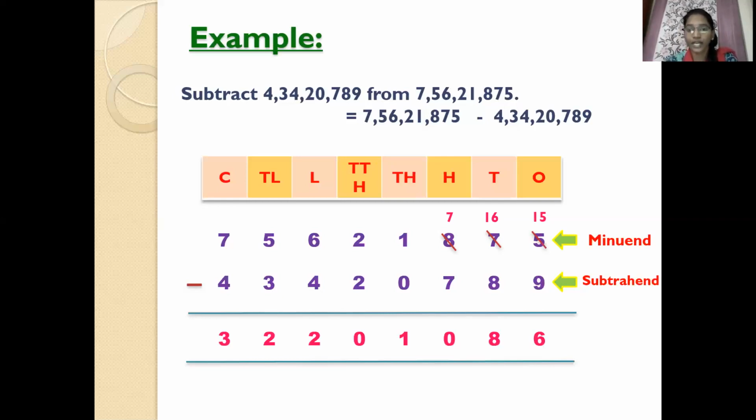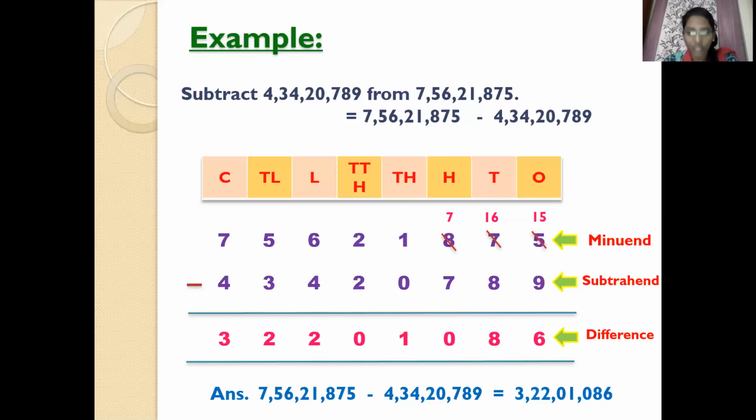Now you get the result, which is called difference. What is the result obtained when you subtracted 4 crore 34 lakh 20,789 from 7 crore 56 lakh 21,875? It is 3 crore 22 lakh 1,086.